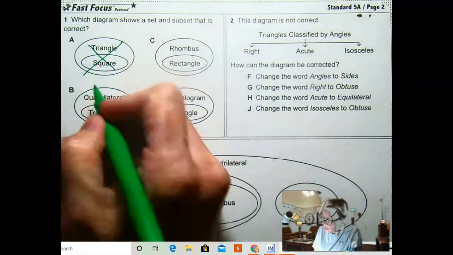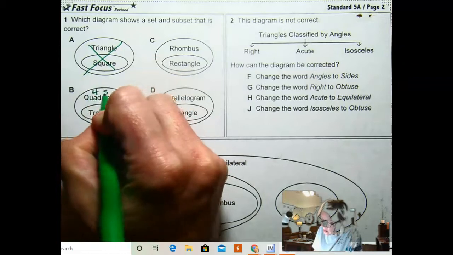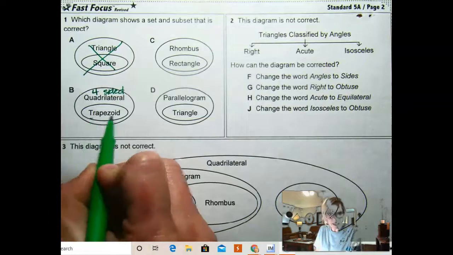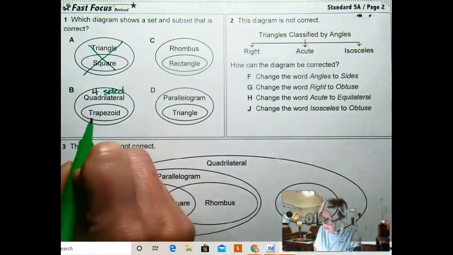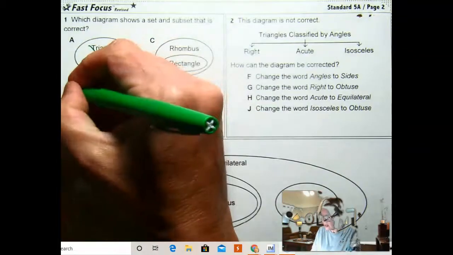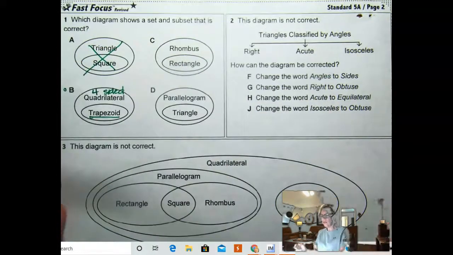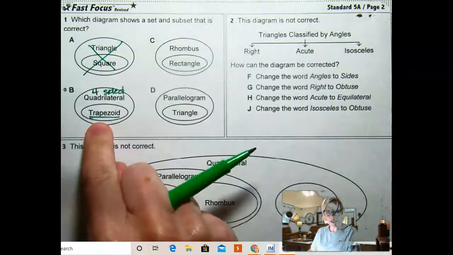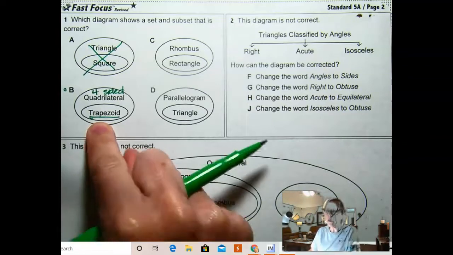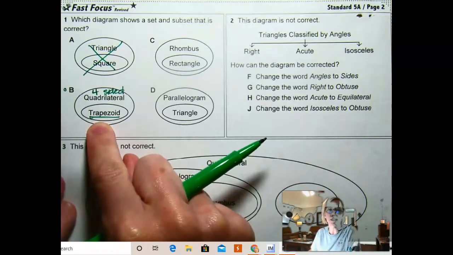So a quadrilateral is a 4-sided polygon. Now, a trapezoid is also a 4-sided polygon. It is a quadrilateral. So this looks really good to me. Okay, now remember, a trapezoid has exactly one pair of parallel sides, and that's what makes it a trapezoid. Only one pair, exactly one pair of parallel sides.